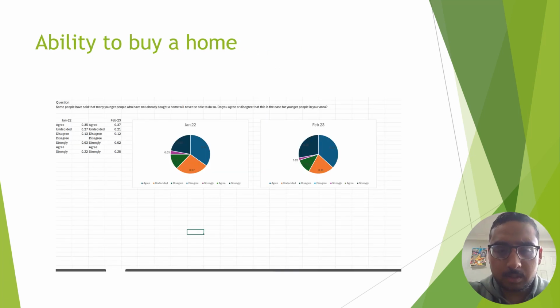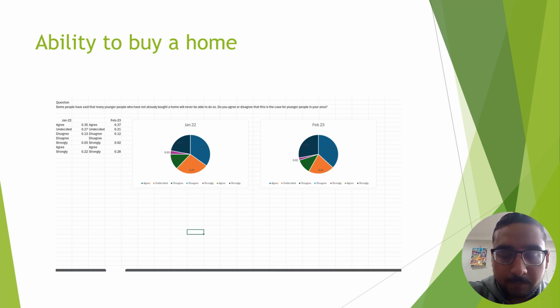Now there is a survey, and with my knowledge of pie charts and probabilities, I have used that to make the bar chart on a survey-based question that asks what is the probability of young people buying houses if they have not already bought. And most of the people agree that they will not be able to buy a house.